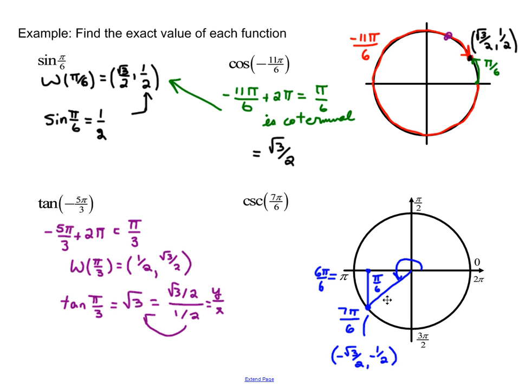Cosecant, right, our hypotenuse is 1. Cosecant is 1 over the opposite side, which is our y value, right? So we said this is 1 over y right here. And so we would treat this as 1 divided by negative 1/2, which we know simplifies to be negative 2. And so that's our answer. Our cosecant of 7 pi over 6 would be negative 2.